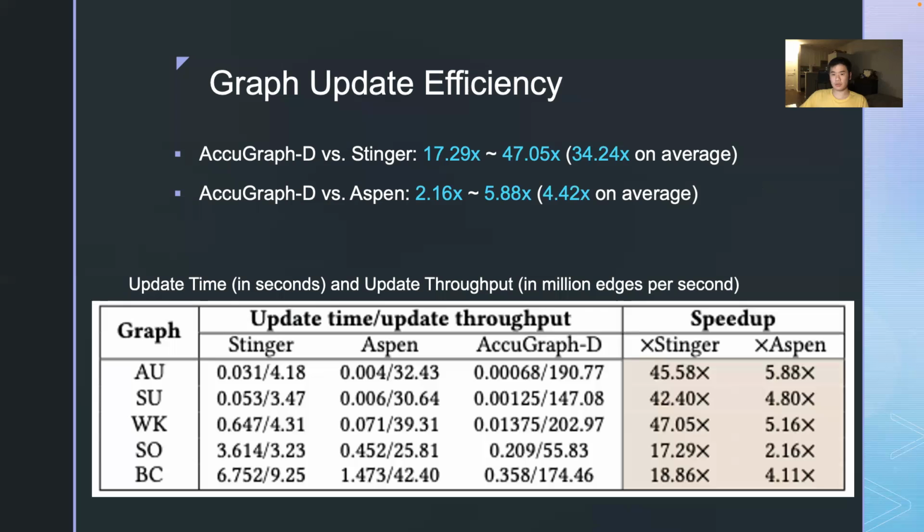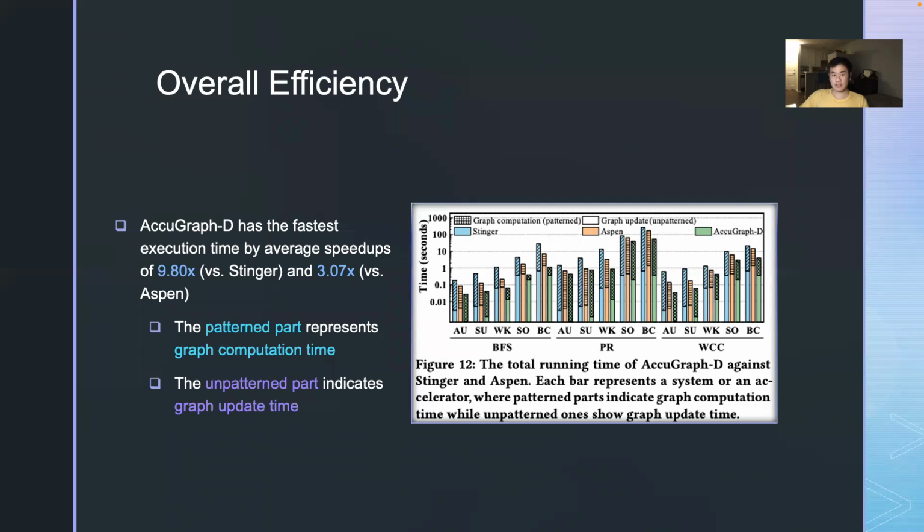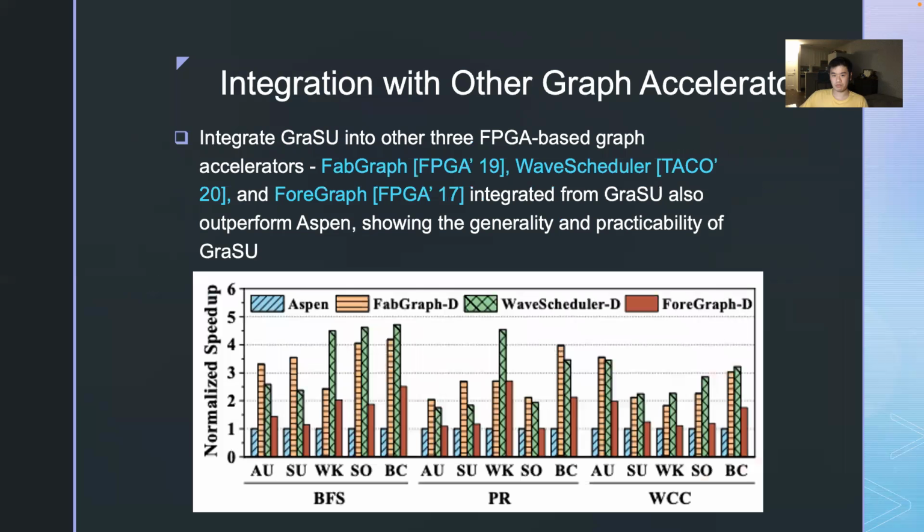AccuGraph-D outperforms Stinger and Aspen by an average of 30 times and 4 times speedups in terms of update throughput. In addition, it improves overall efficiency further, by 9 times and 3 times on average.